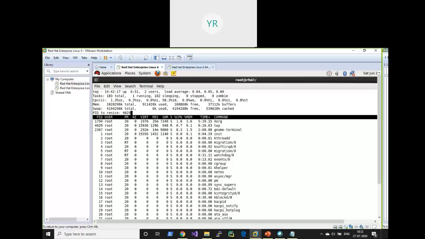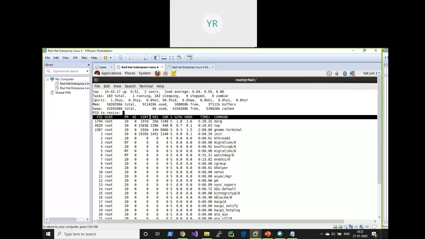I am not doing that, but like that you can do it if you want to change a running process. If you want to do that without using the top command, you can use the renice command. After NI, the next field in the table is VIRT, that means virtual memory. Virtual memory is physical memory plus swap.